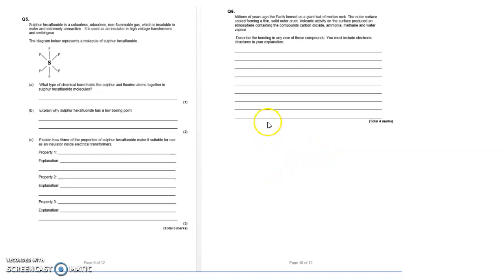Okay? Note that it says you must include electronic structures in your explanation. You need to show the examiner that you understand what is happening with the outermost electrons in these atoms.